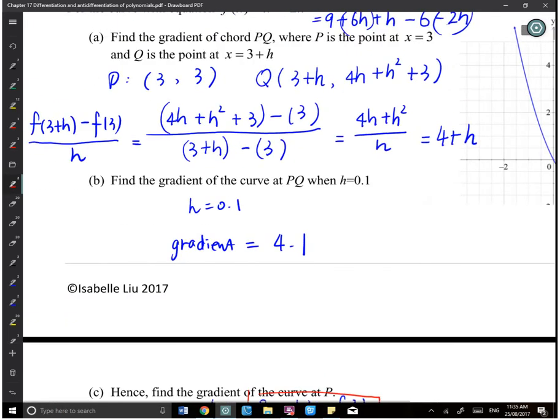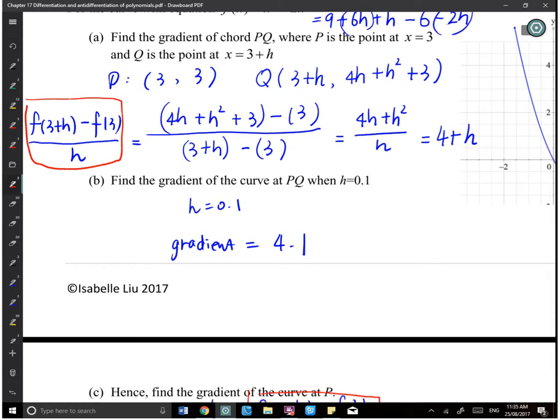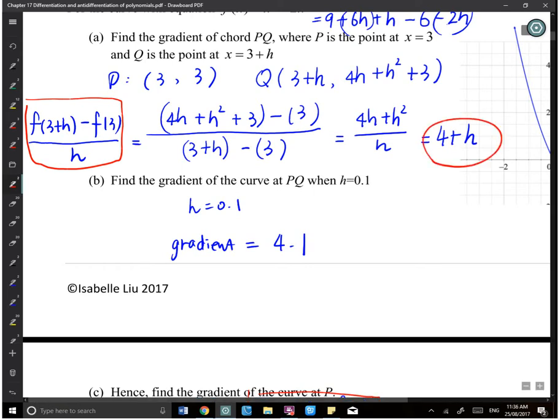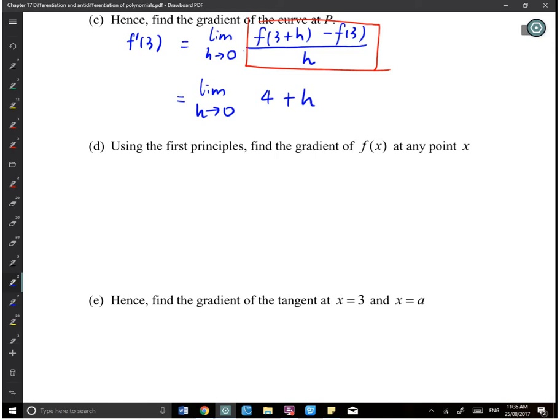What I have for question A is exactly what I find here. We assume h can take any value, and that's the expression for f(3 plus h) minus f(3) divided by h. It's just reduced to 4 plus h after all this calculation. So what I will have is the limit as h approaches 0, I change that to 4 plus h because I did calculate it before.